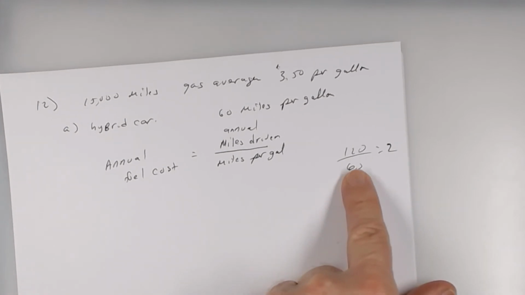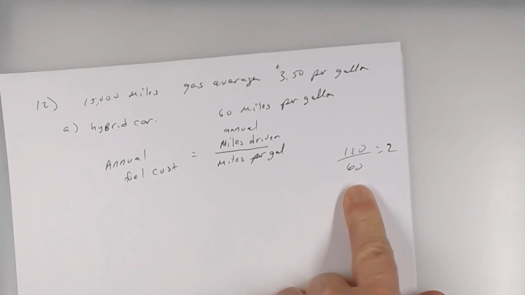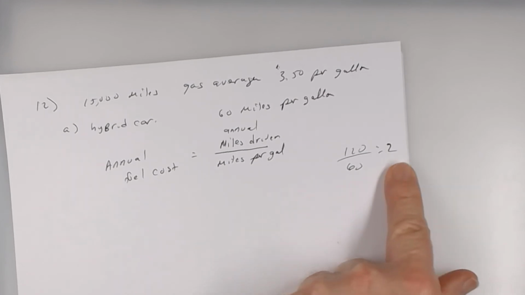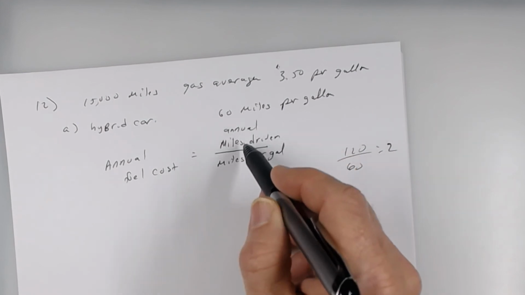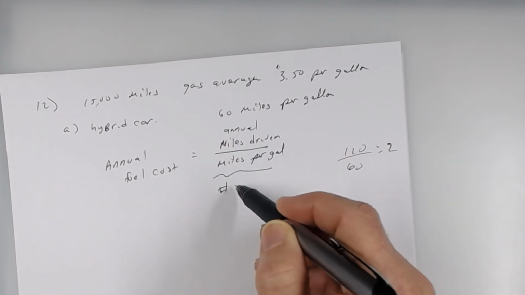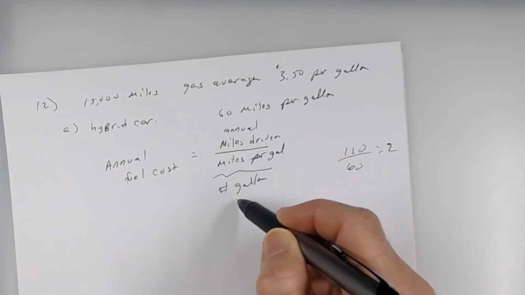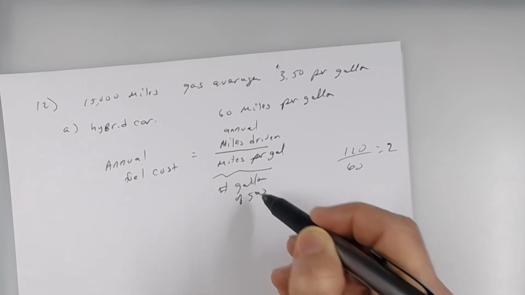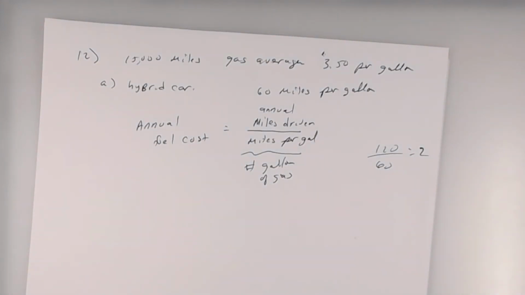So I drove 120 miles, at 60 miles per gallon. How many gallons is this? 2. So this right here is the number of gallons of gas. If I take the annual miles driven divided by the miles per gallon, that gives me how many gallons it takes to drive that many miles.